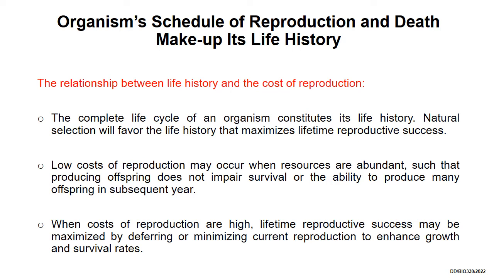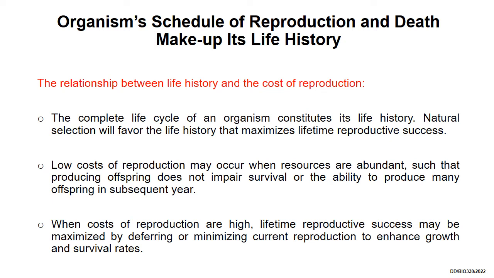What is the relationship between life history and the cost of reproduction? The complete life cycle of an organism constitutes its life history. Natural selection favors the life history that maximizes lifetime reproductive success.